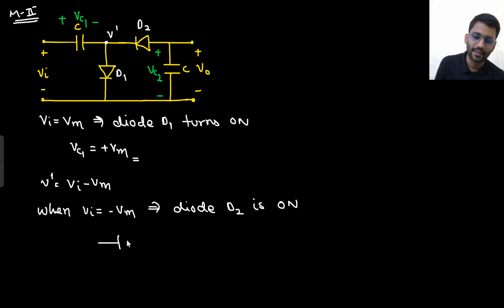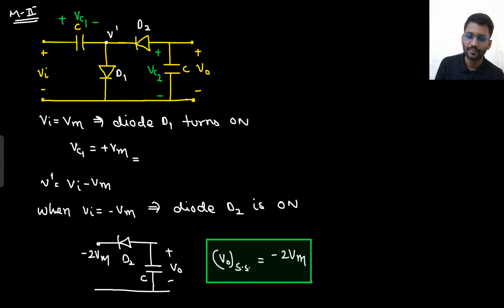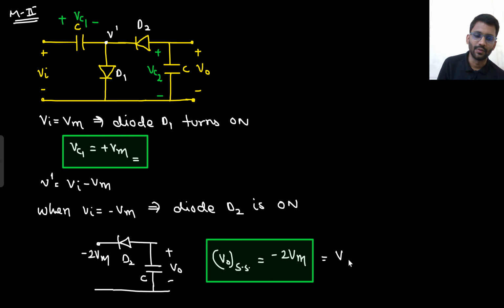Simply you can see that this is diode D2. This is capacitor C. This potential is minus 2 Vm and this is V out. So V out steady state would be minus 2 Vm and Vc1 would be plus Vm and this is equal to Vc2 only.